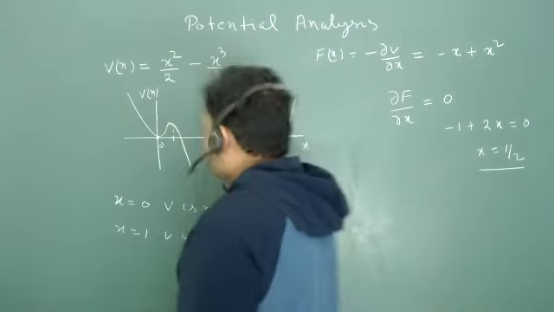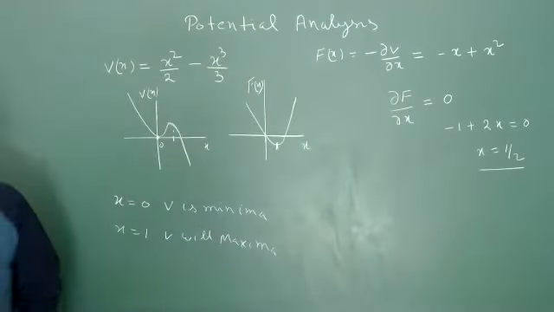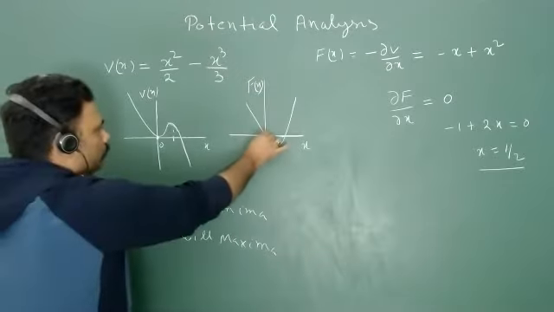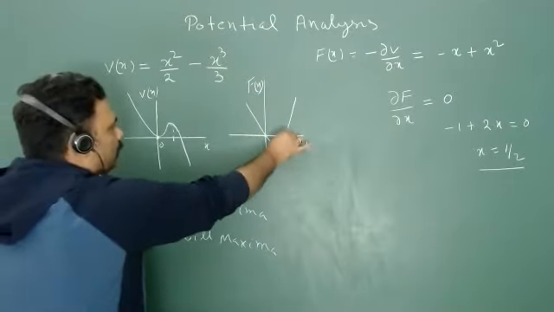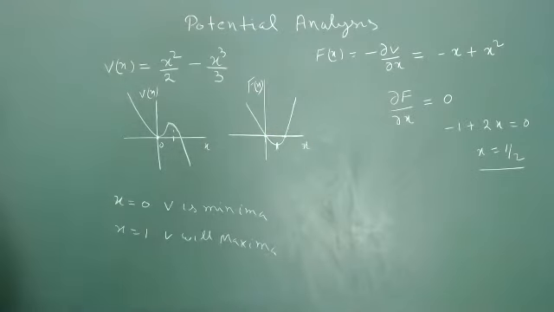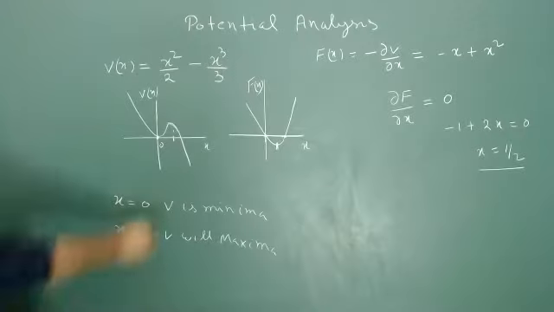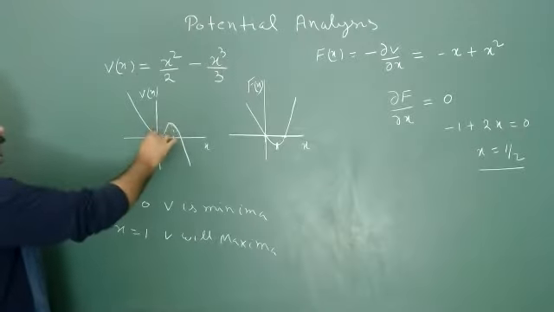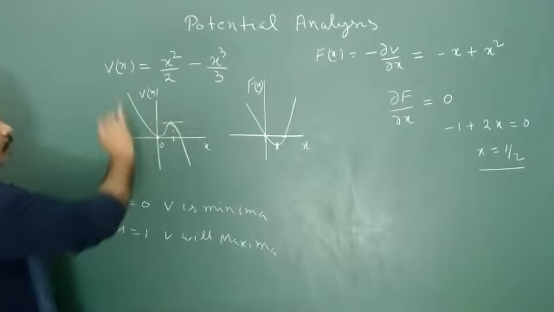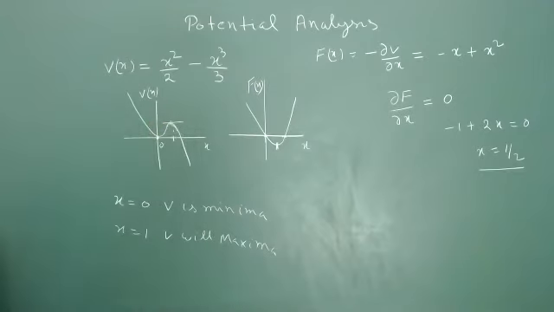Now look here, it's a very interesting thing. At x equal to 0 and at x equal to 1, we have 0 force, and you can see these two points are equilibrium points. At x equal to 0, the tangent of this curve is parallel to the x-axis.